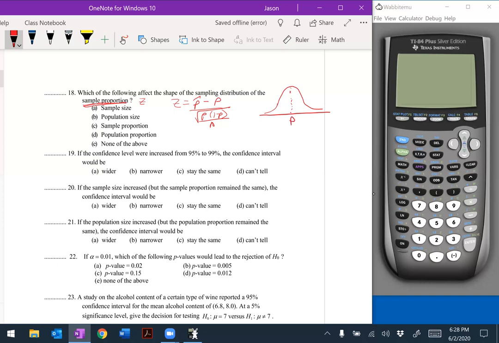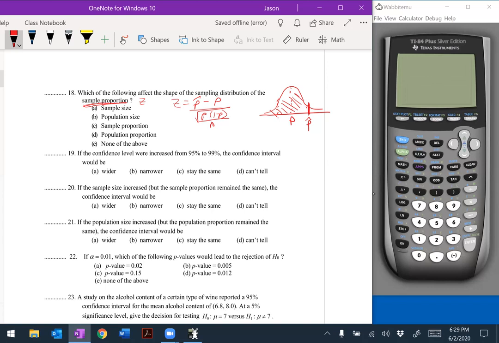So if I wanted to find out what the z-score for p hat was, then I would have to calculate out what that z-score is. But what's going to affect the shape of this thing?